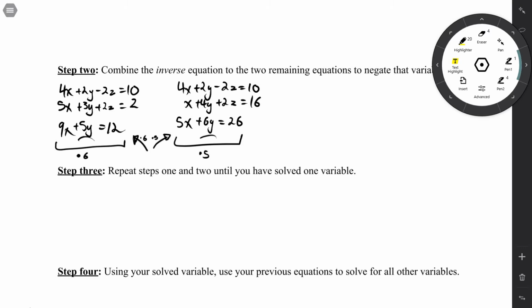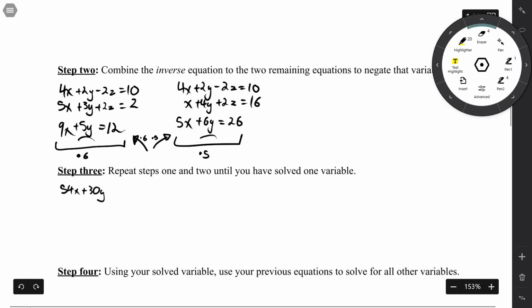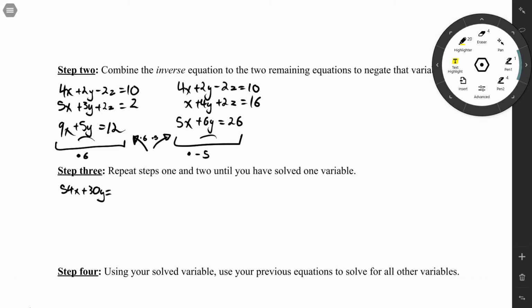6 times 9 is going to be 54x, not 5x, 54x plus 30y. So I'm actually going to multiply this side over here by -5. Multiply by -5. That way they'll be the inverse of each other. 6 times 12 is going to be 72.